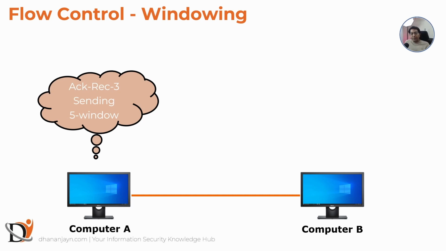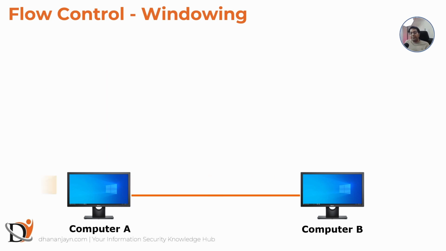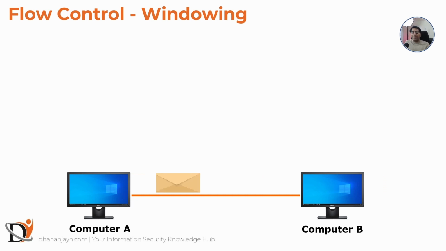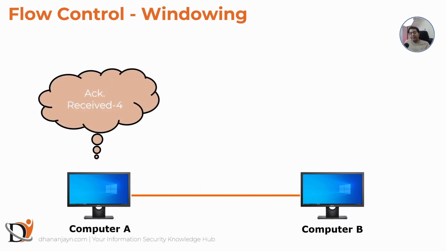So now computer A is trying to send 5 windows this time. 5 windows are being sent, but now only 4 windows are received by the recipient. So that means there is a response sent to the source only for those 4 windows.